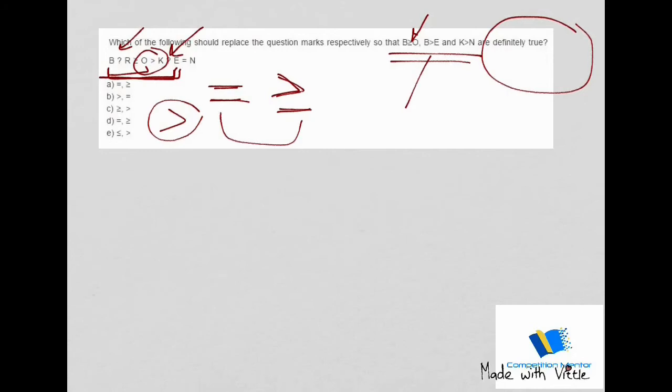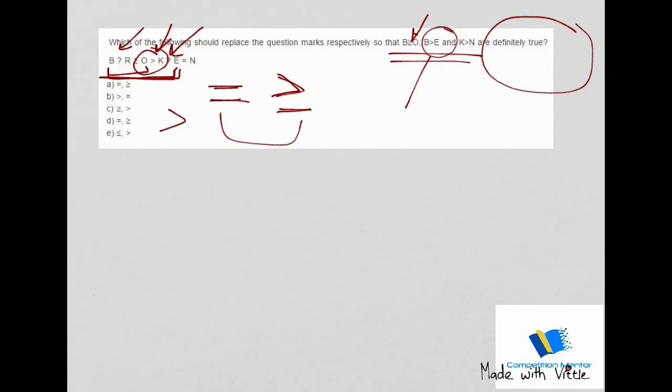B is only greater than equal to C. So whatever you use, you will get that greater than equal to, greater than thing, because equal to should not come, and that is eliminated, helped by O greater than K.